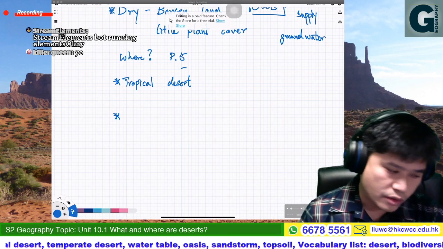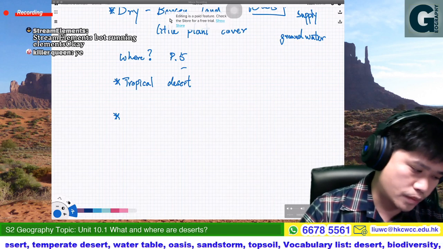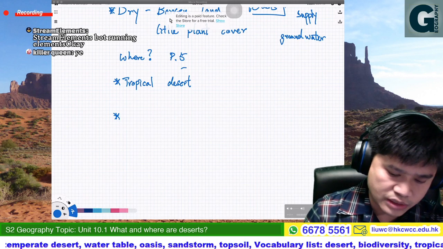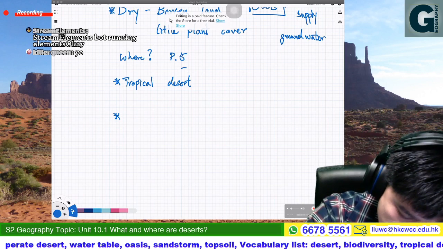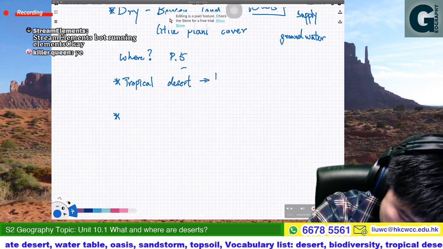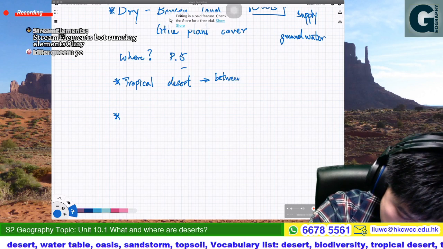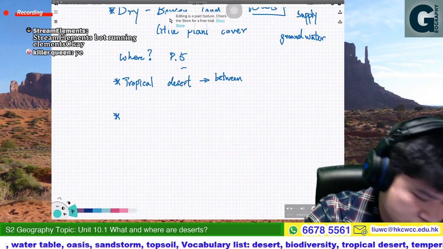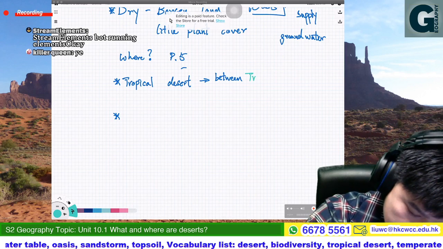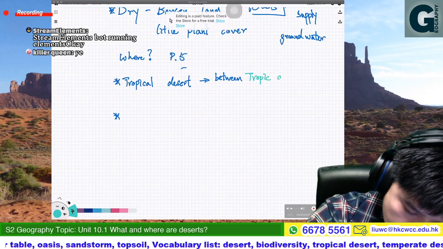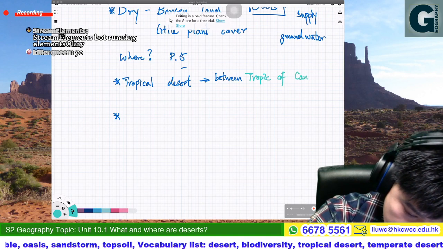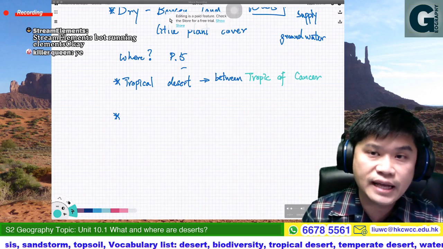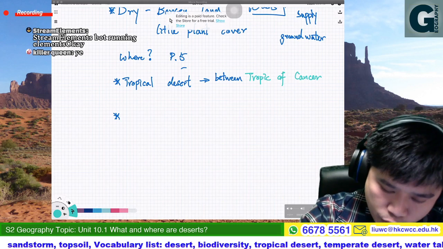For tropical desert, that is the desert located between, and please mark this as very important, between Tropic of Cancer.